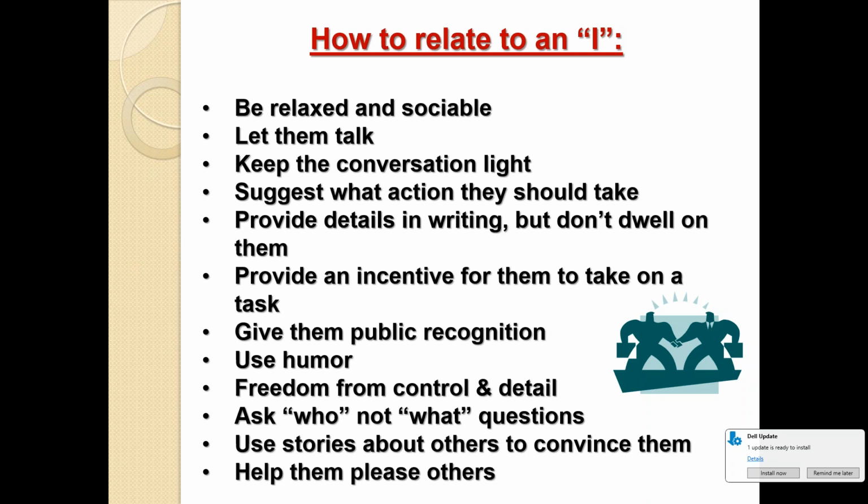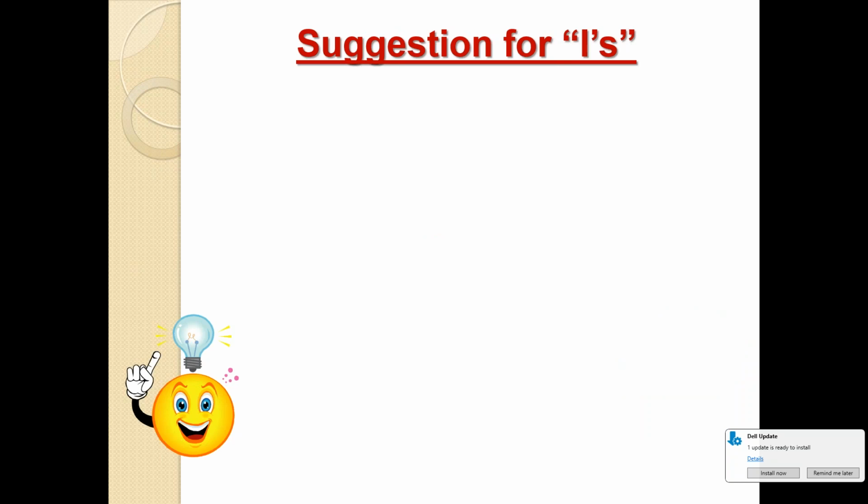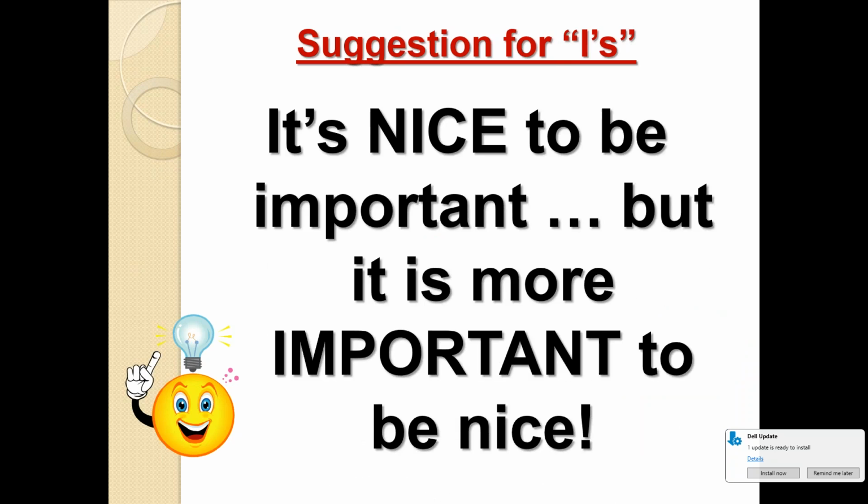They're big time people pleasers. And if I had to say, the number one downfall to the I personality style is they need to please somebody else to accept them instead of accepting them for who they are. Suggestions for an I. It's nice to be important, but it's more important to be nice.